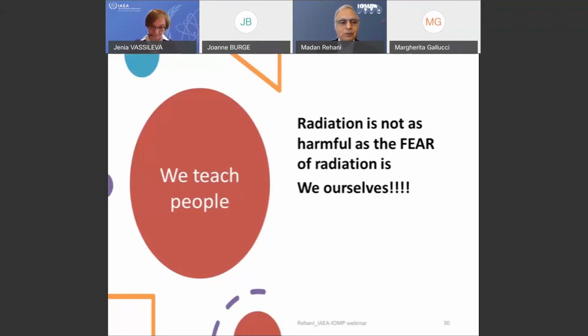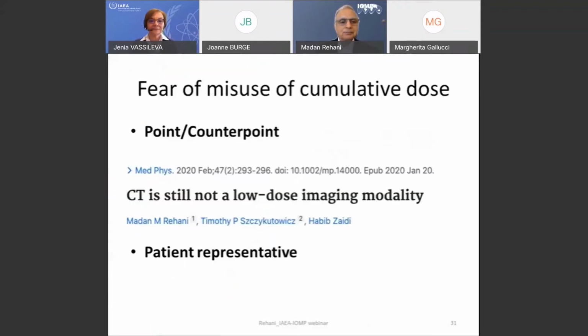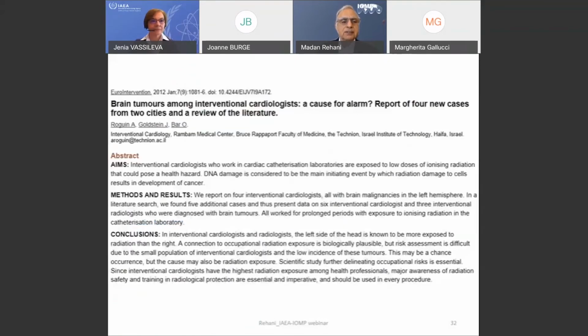So we have to see whether we are guided by the fear or by evidence. We had debated this point in the point and counterpoint, which we published in Medical Physics in February 2020, and I will direct people to see this publication.